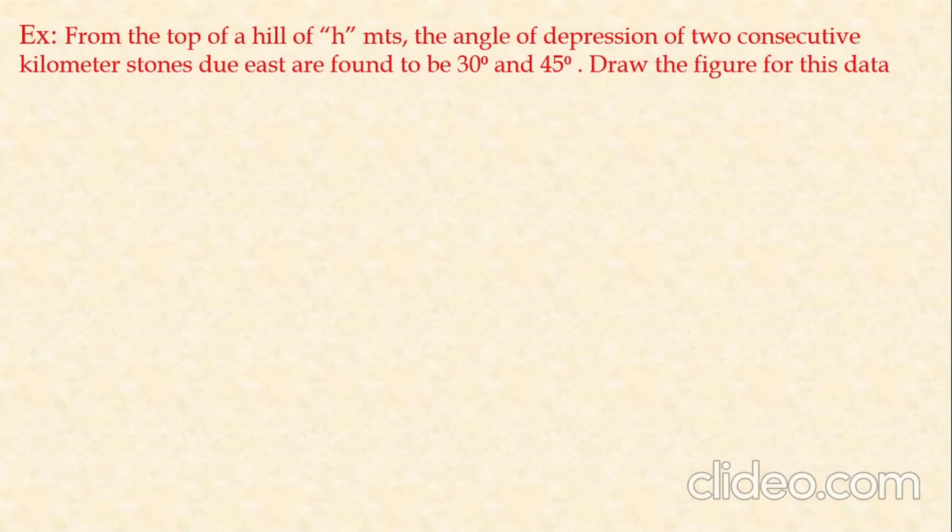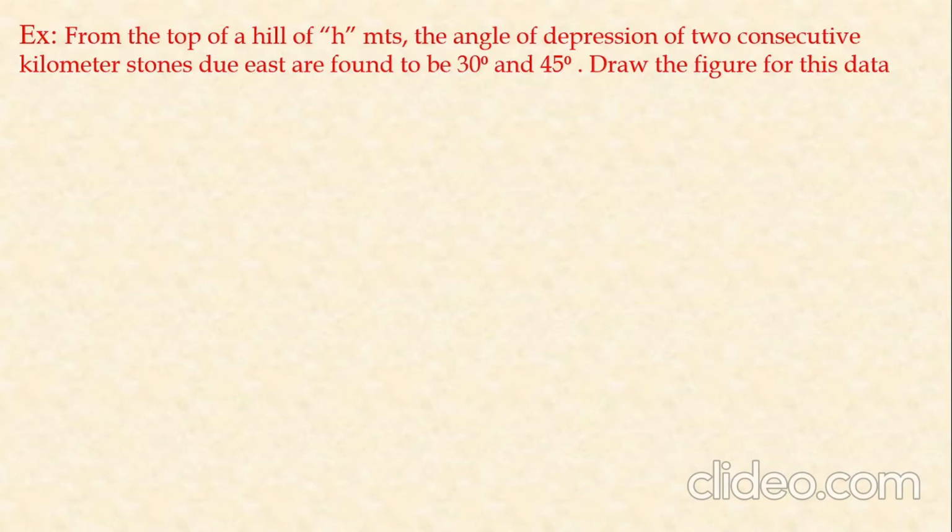From the top of a hill of h meters, the angles of depression of two consecutive kilometer stones due east are found to be 30 degrees and 45 degrees. Draw the figure for this data. So first of all, you try to understand the given problem, then you draw the figure.